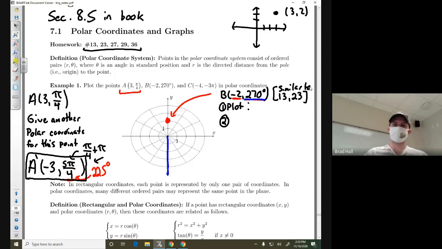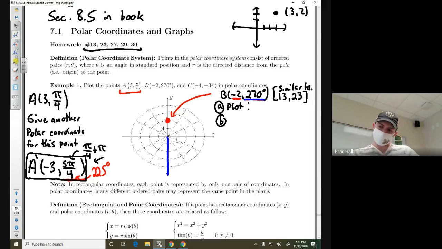I would ask you to find 2 points. So really, I guess they label this as A and B. So fine, I'll be consistent. So A, we plotted it.